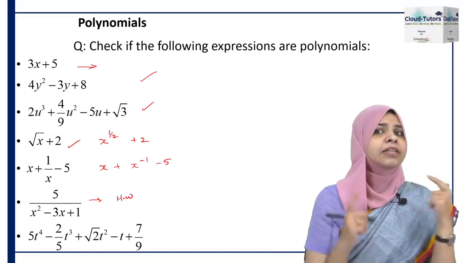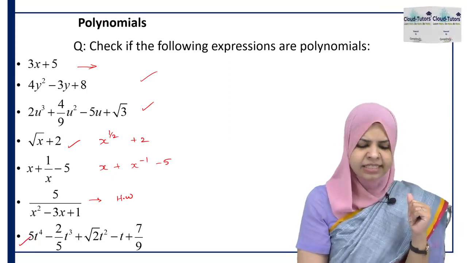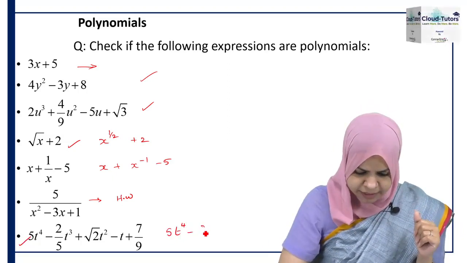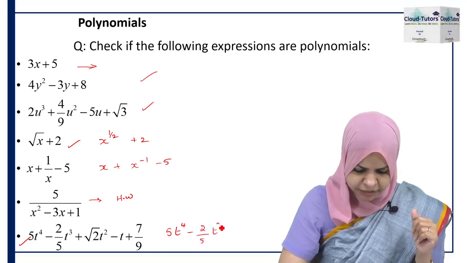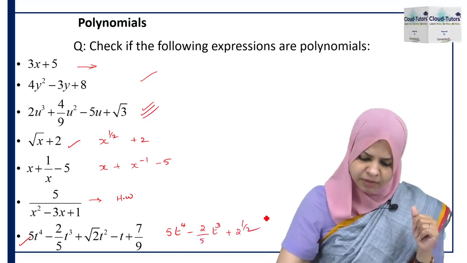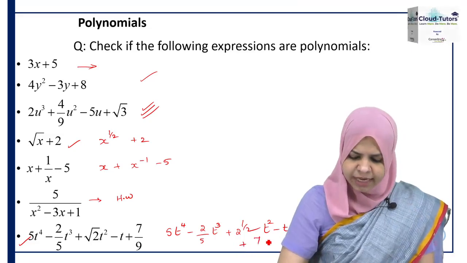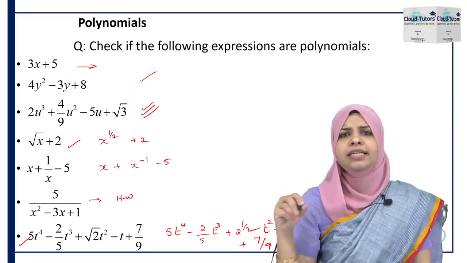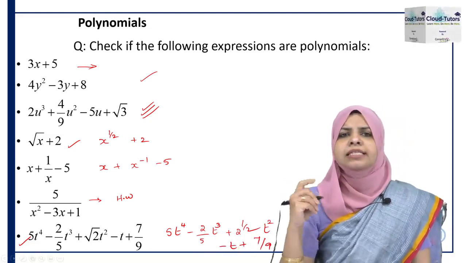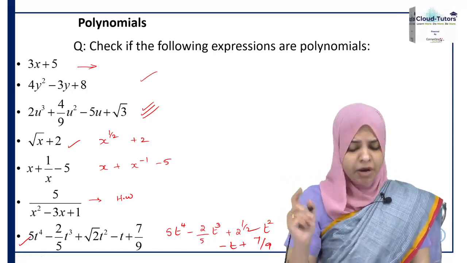See, I'm saying the degree of the variable. If I have to rewrite this equation, I write this like this: minus 2 by 5 t cube plus 2 to the power of half. Same thing this way, okay? t square minus t plus 7 by 9, right? This is the expression that we have. Is it a polynomial? See here, definitely the degree of the variables is all positive.